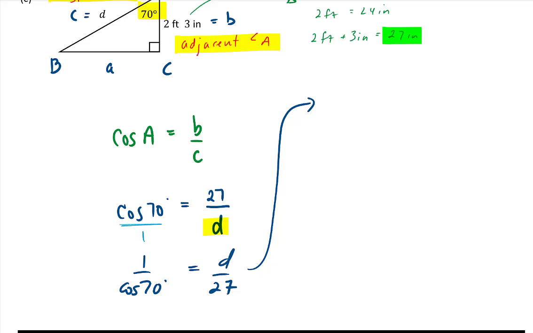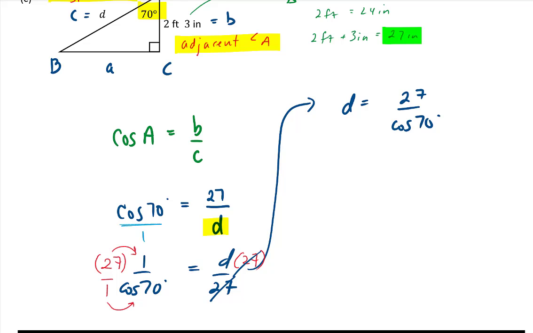Okay. To get the D by itself, it's D divided by 27, so I'm going to multiply both sides by 27. And when I do so, I end up with, these cancel, D is equal to 27 over cosine of 70. And if you're unsure why that is, remember this is 27 over 1. We multiply numerator with numerator, so 27 times 1 is 27. We multiply denominator with denominator. 1 times cos 70 is cos 70.